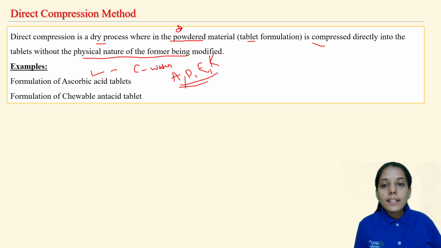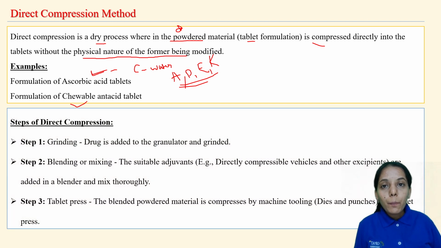So formulation of ascorbic acid tablets, then formulation of chewable antacid tablets. These are prepared using direct compression methods because of their drug properties, which help in the process of direct compression.